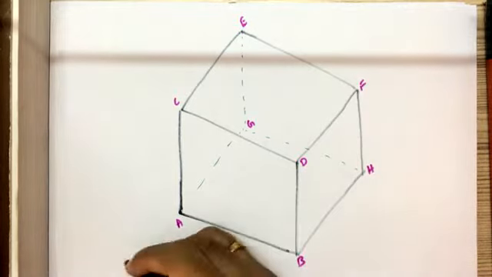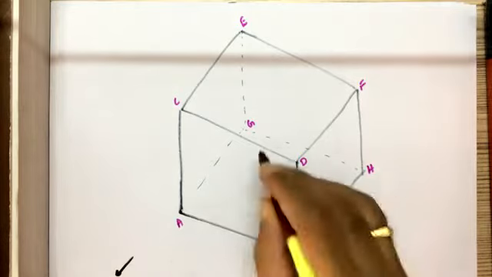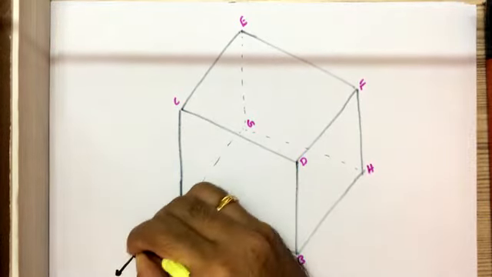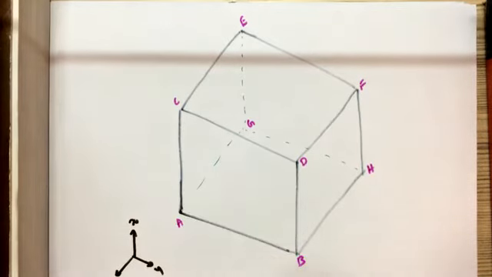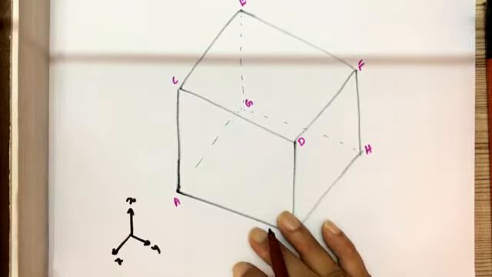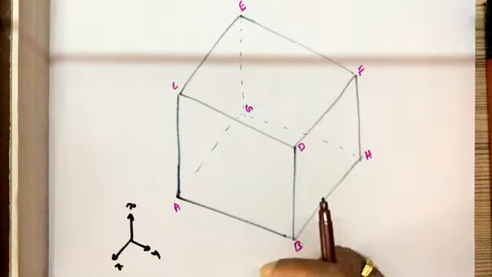So this is my x-axis, and this is my y-axis, and of course the vertical axis is my z-axis. I hope you guys were able to look into this. So this is my x-axis, y-axis, and z-axis.